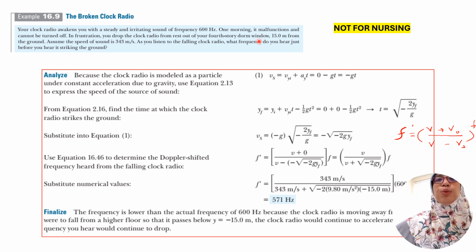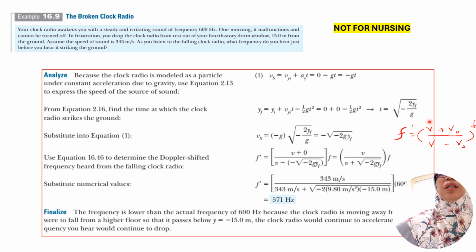That means you take it from a height of 15 meters from the ground. So you are 15 meters up and you release it from rest. Assuming that the speed of sound is 343, this 343 is this one.